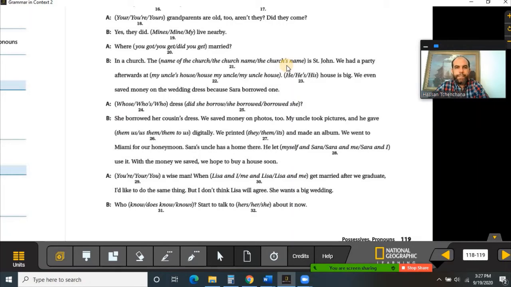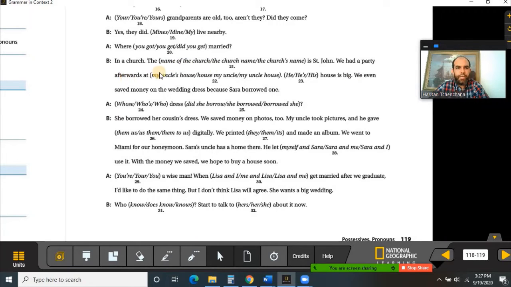Like, let's say, the door's handle. Say the handle of the door. So the same thing here. We're talking about the church. The church is inanimate, something that can't move. So we have to use of, not apostrophe and an S. So the correct answer is the name of the church.